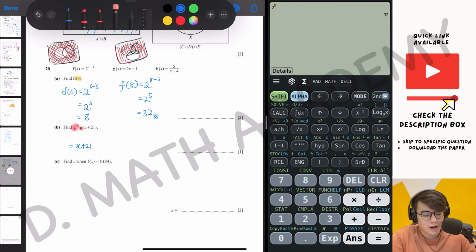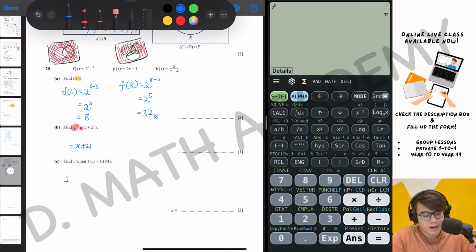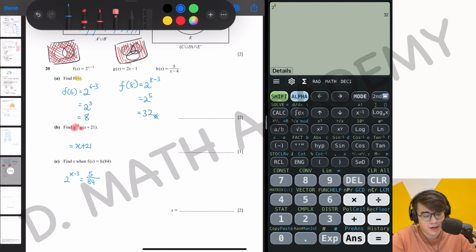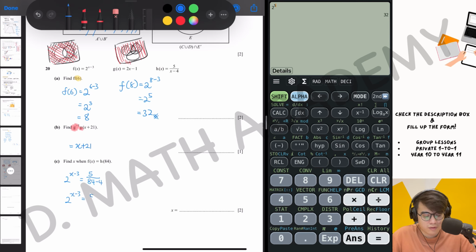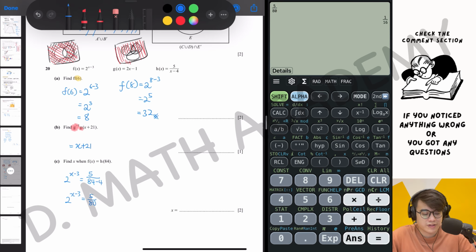Moving on to the last part, at C here, we have f(x) is 2 to the power of x minus 3, and then they gave us h(x) is 5 over (8x minus 4)... so 2 to the power of x minus 3 equals 5 over 80. So 5 over 80 is 1 over 16.